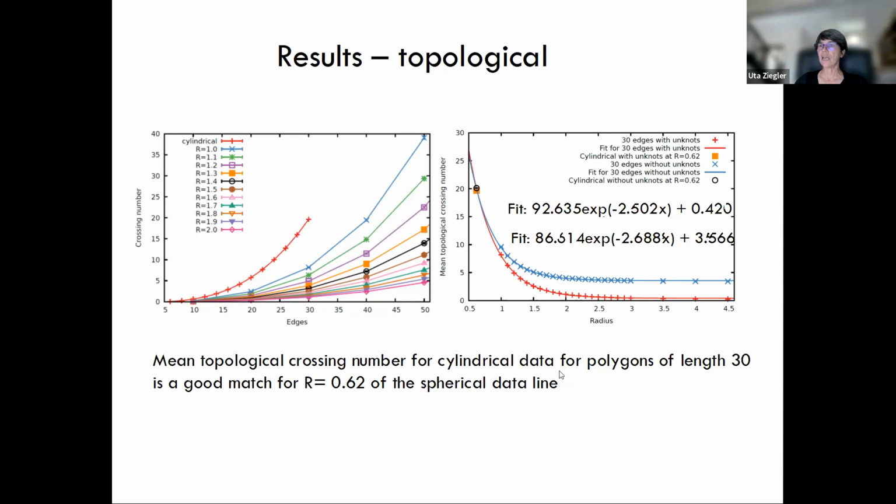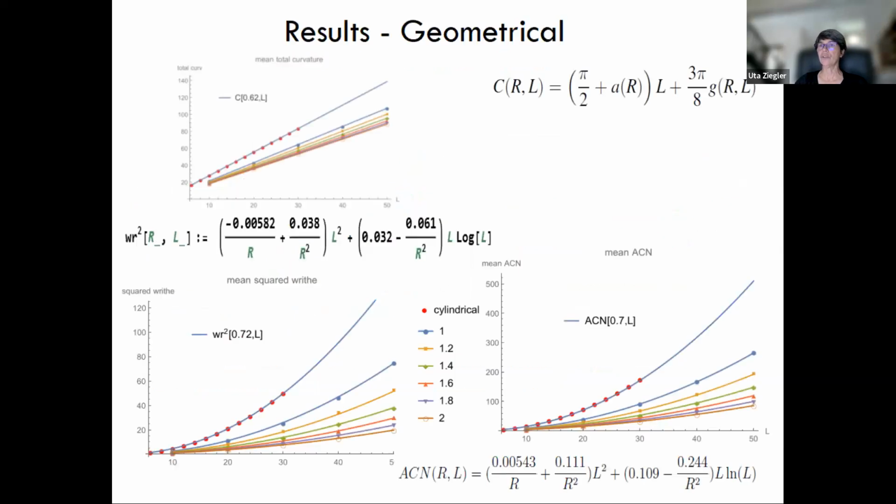After having done that, we decided to repeat this for the geometrical information. We have curvature here, squared radius of gyration here, and the mean ACN here, and in each of the cases I show you what the fitting function is. Here we see the RL squared term again for both the mean squared and the ACN.